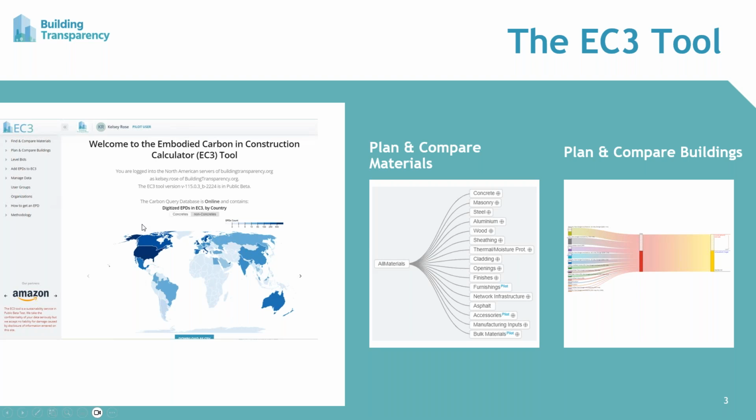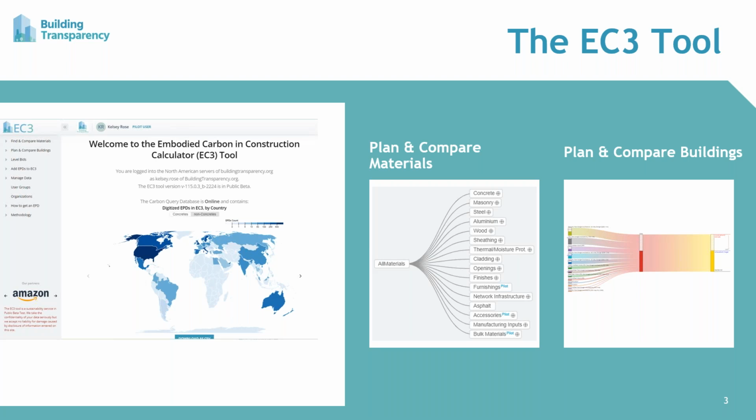So I just want to step back and explain that at its core, EC3, the Embodied Carbon in Construction Calculator, is a database of environmental product declarations for construction products. If you're thinking about how all the entities in this space work together related to EPDs, you can think of us as aiming to be the fundamental aggregator of EPDs for construction.